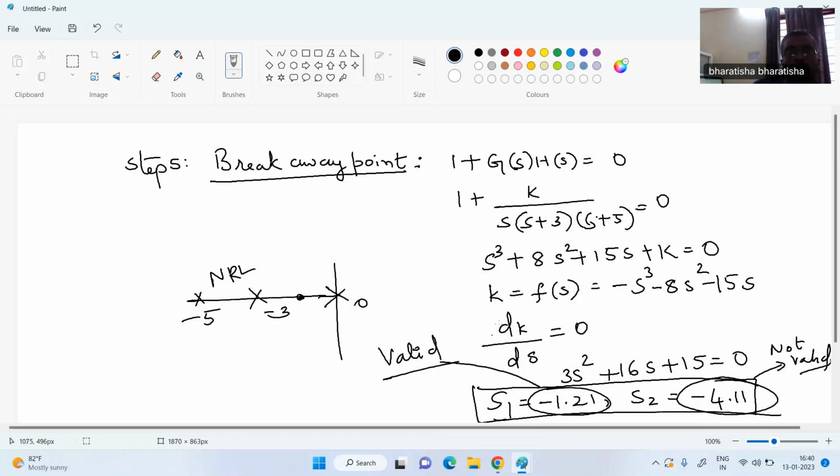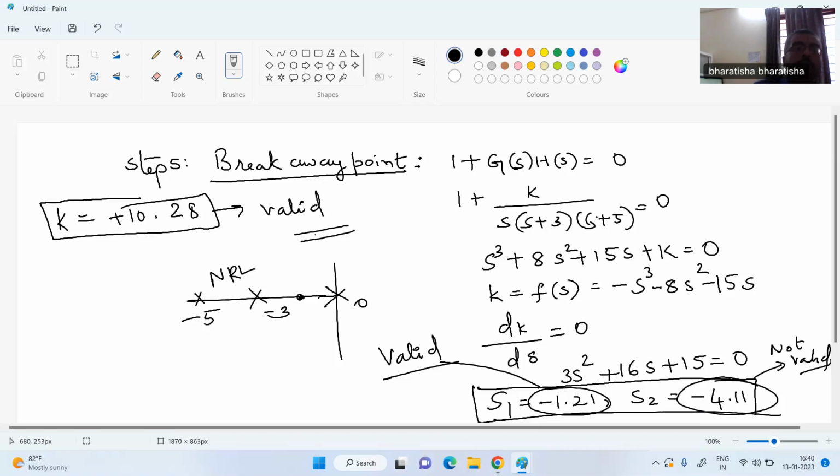This is one method, or the other method is you can always find the value of k. Substitute back this s value into k and find out what the k value is. If I substitute minus 1.21, you get the positive value of k as plus 10.28. Since you are getting the value of k as positive, it is a valid breakaway point.